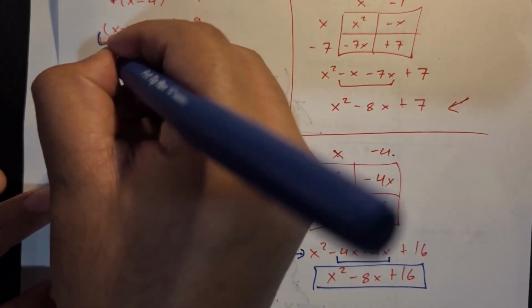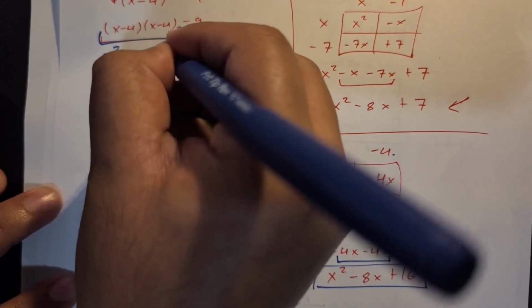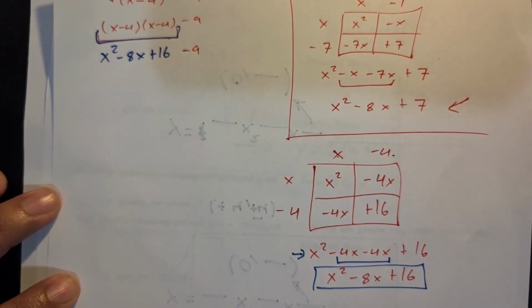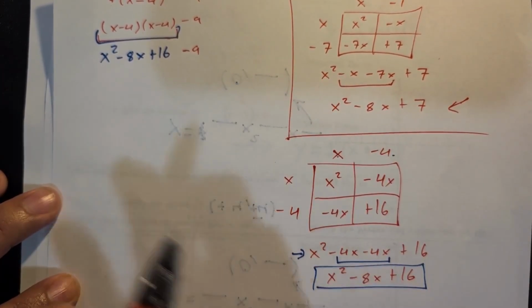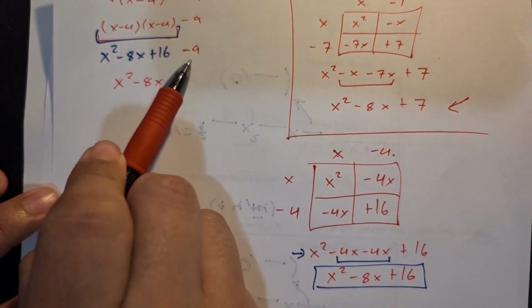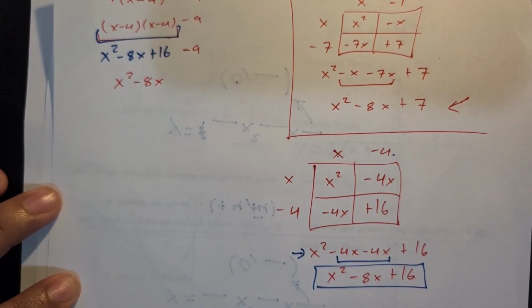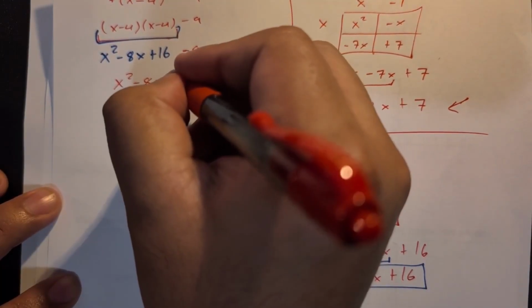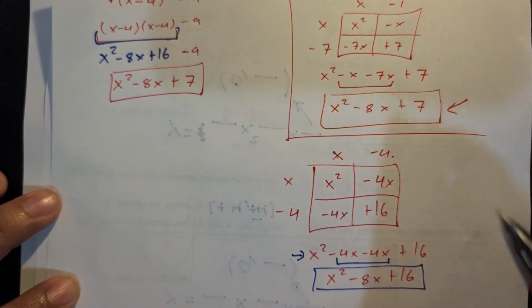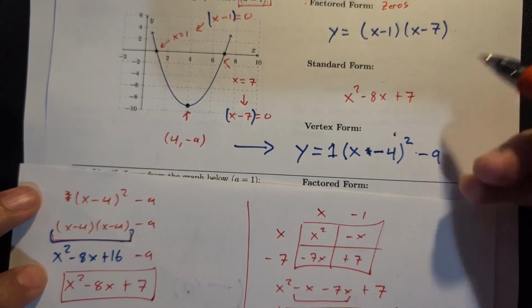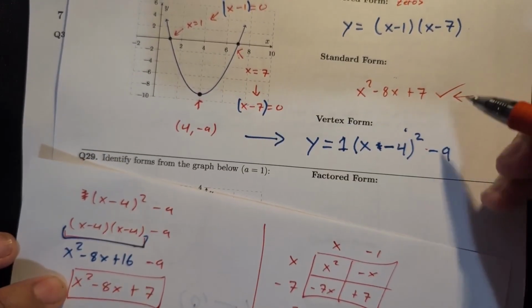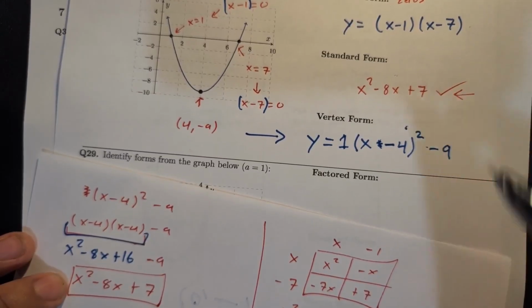So I get x squared minus 8x plus 16, and then I have minus 9. Combine like terms, I get x squared minus 8x, 16 minus 9 gives me 7. And look at that, we are getting the exact same answer. So this is correct. Now on your test, make sure to be showing your work. If you go directly from this to this, I'm going to get suspicious.